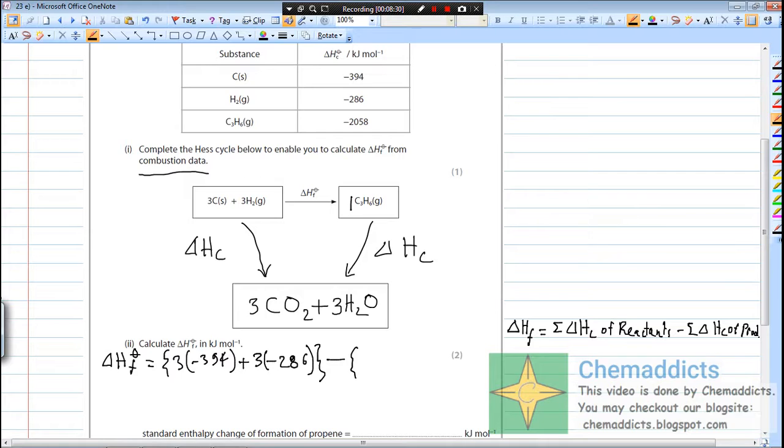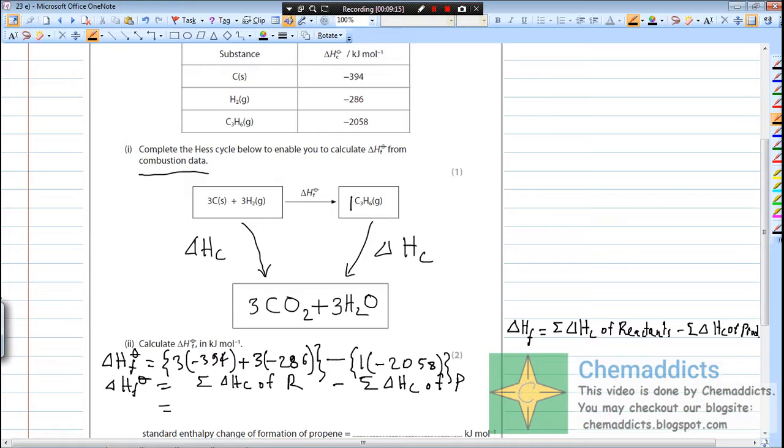Since this is 1 mole, we are using 1, so 1 multiplied by minus 2058. This is the sum of combustion enthalpy of reactants minus the sum of combustion enthalpy of products. Isn't it the formula that we discussed a little before?